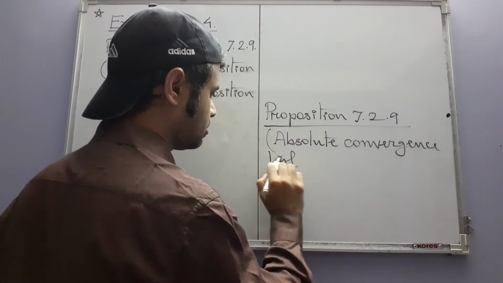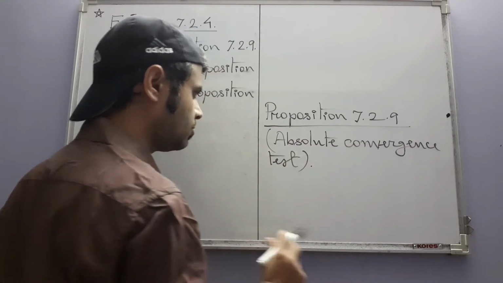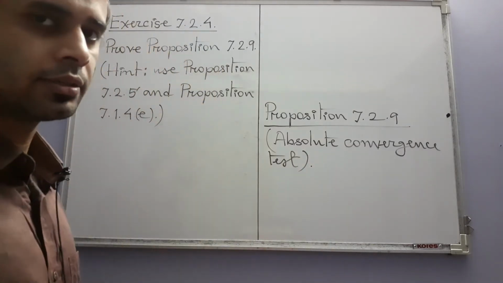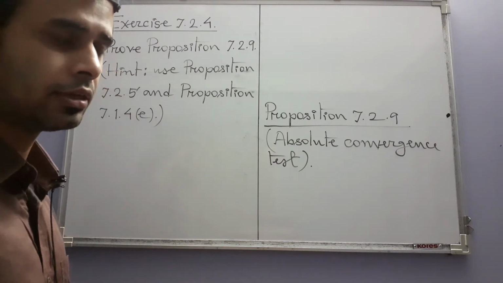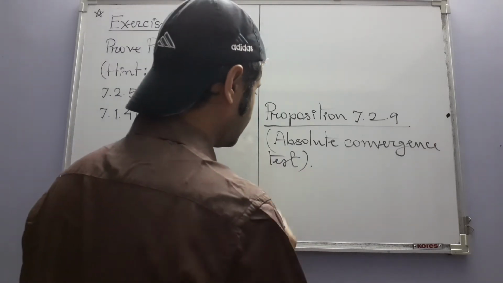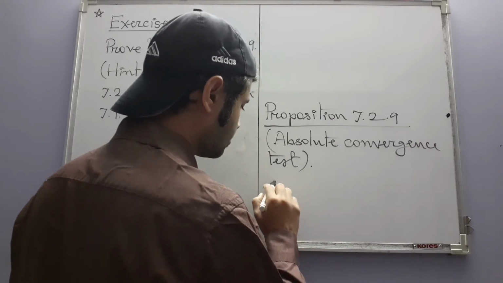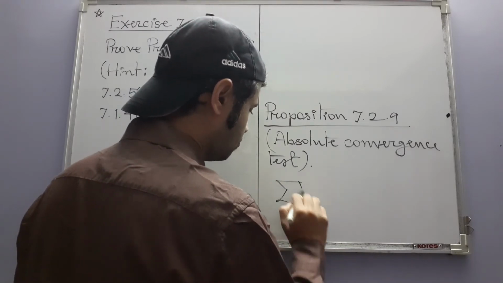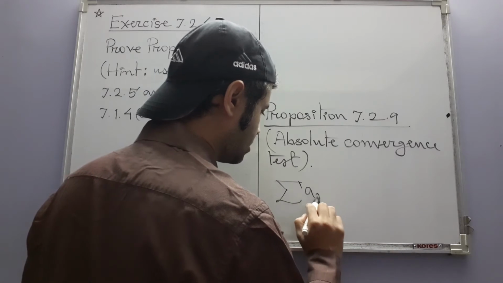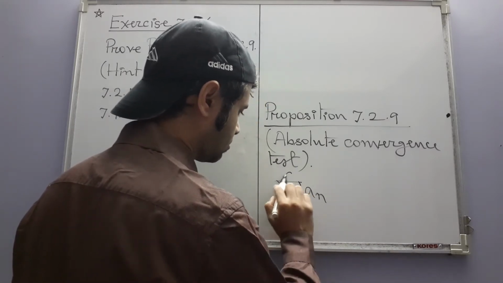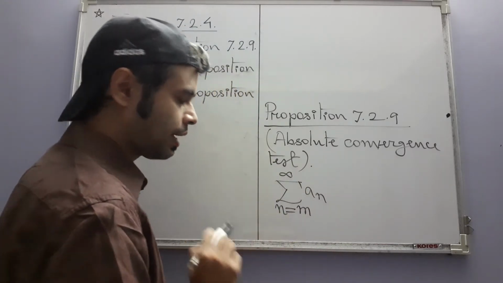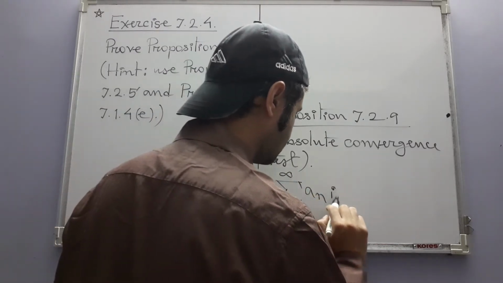Absolute convergence test. Instead of again writing the formal statement, let's just see what it says. So what it says is this: we have a formal series of real numbers which is absolutely convergent.